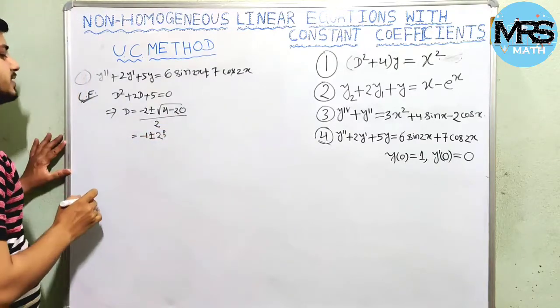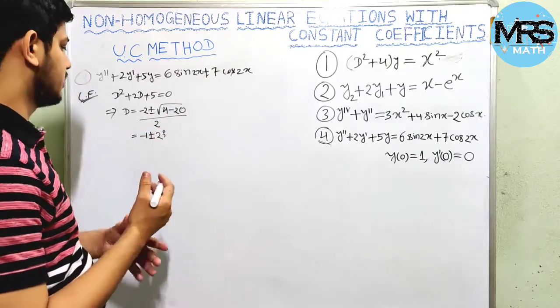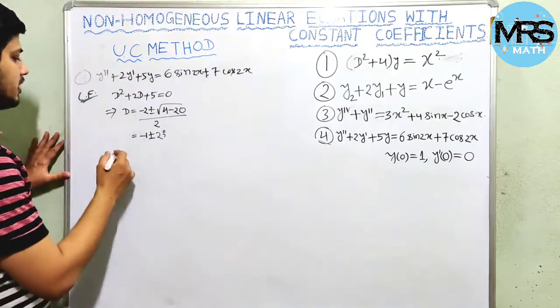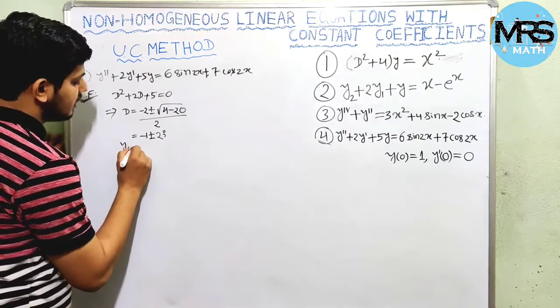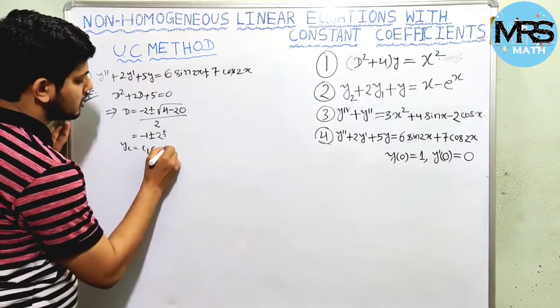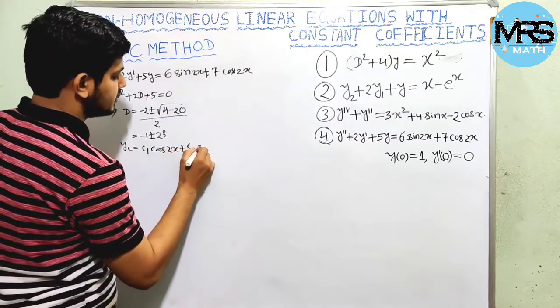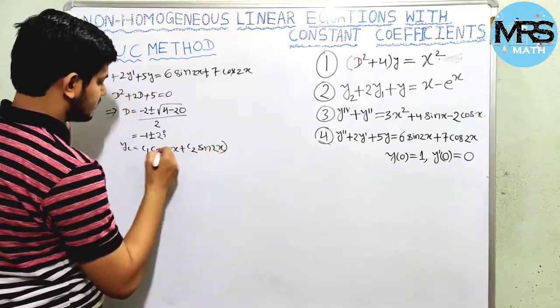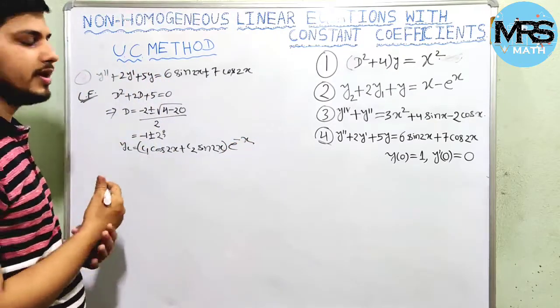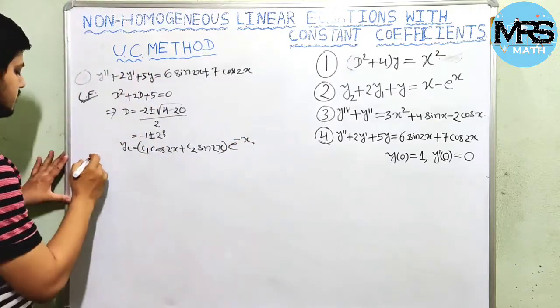If complex conjugate roots are coming, then our complementary function will be c1 cos 2x plus c2 sin 2x, into e to the power minus x. So the complementary function is over.